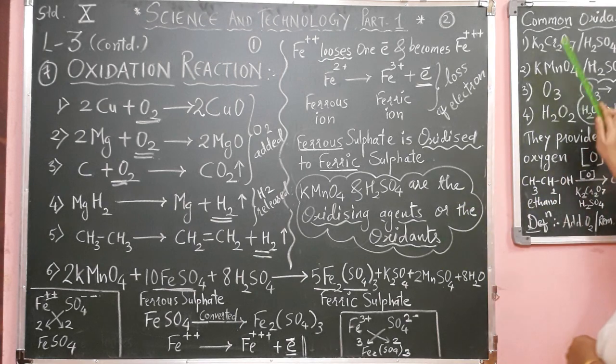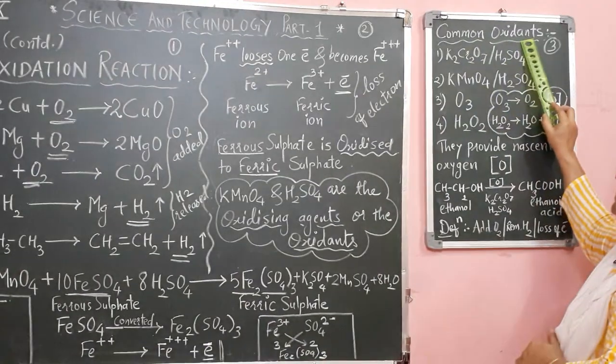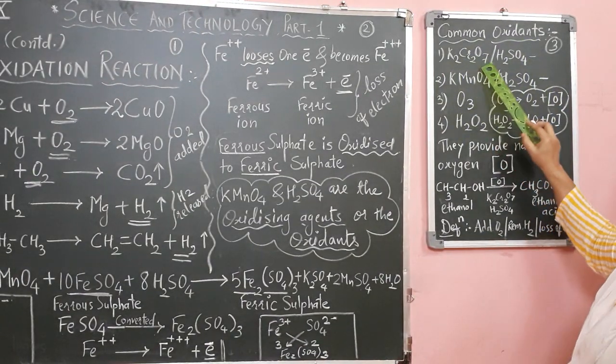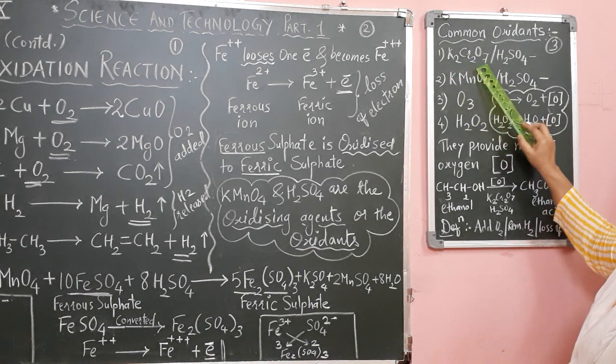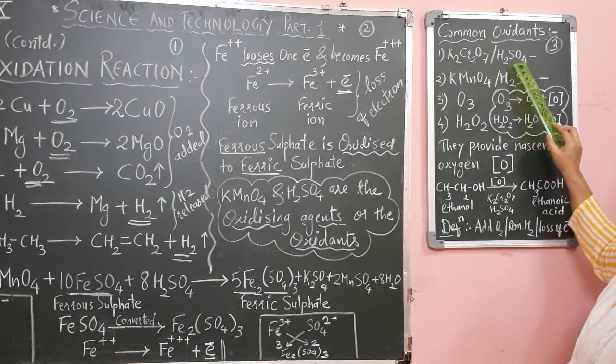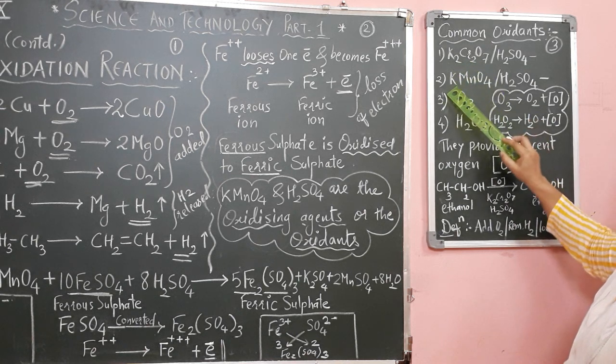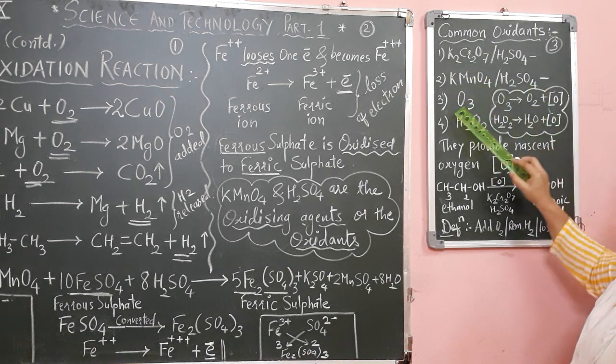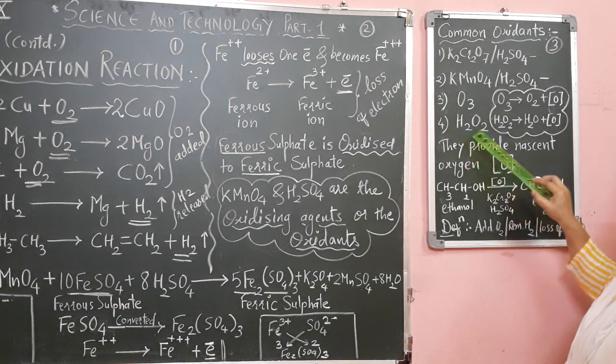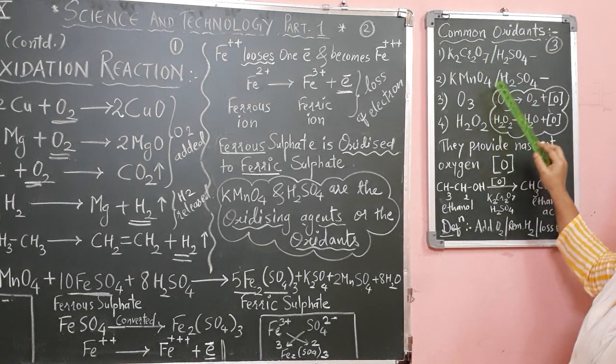Let's see some of the common oxidants. Potassium dichromate, K2Cr2O7 with H2SO4, that is acidified potassium dichromate. Then KMnO4 and H2SO4. Then ozone, O3. Then hydrogen peroxide, H2O2. These are the commonly used oxidants.